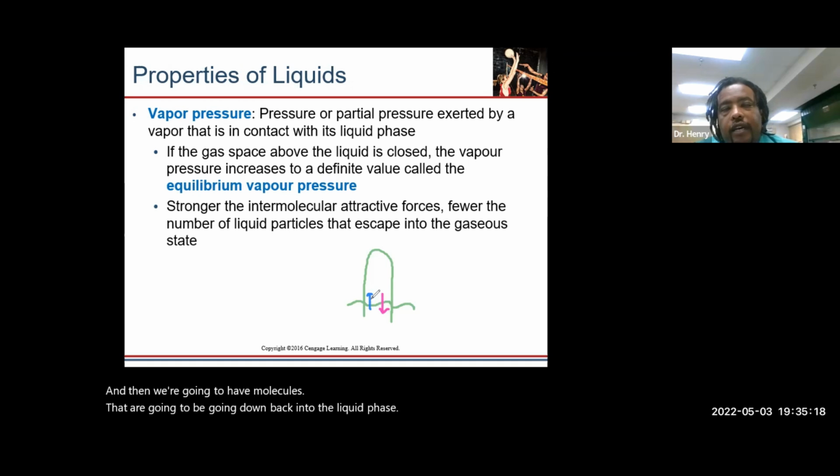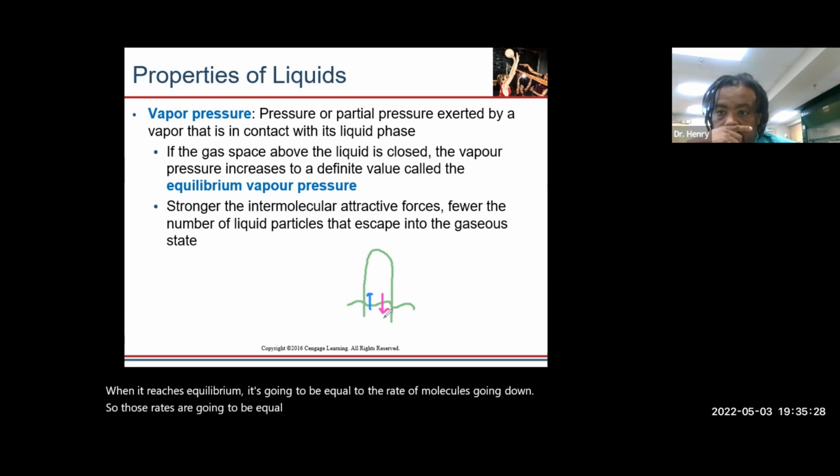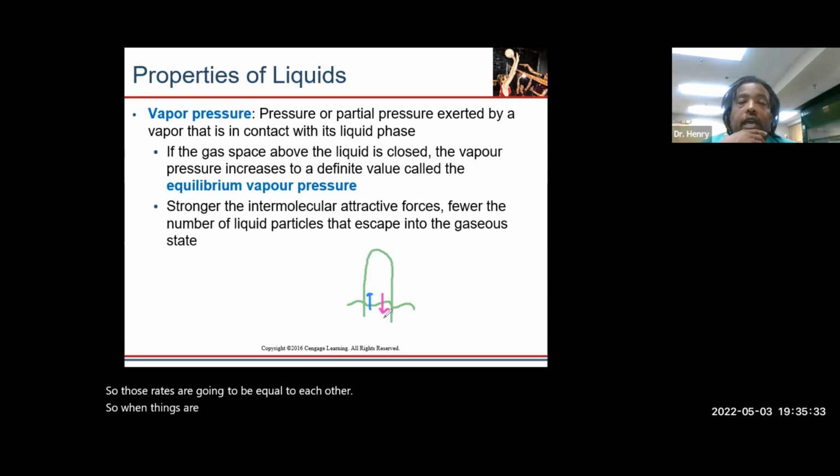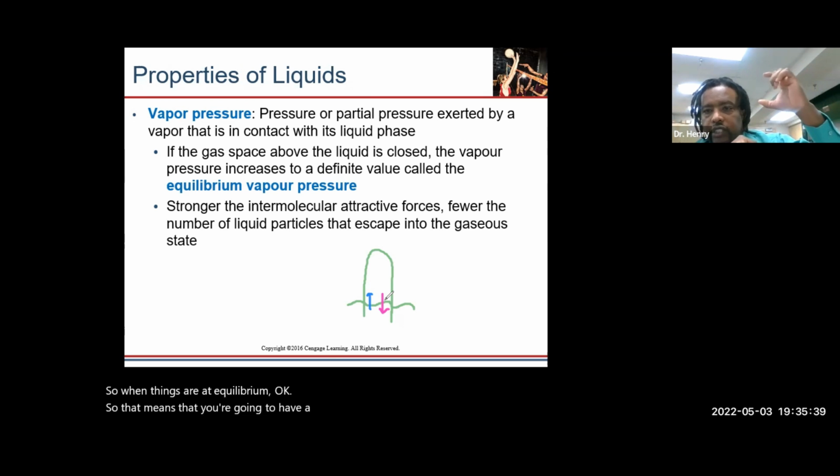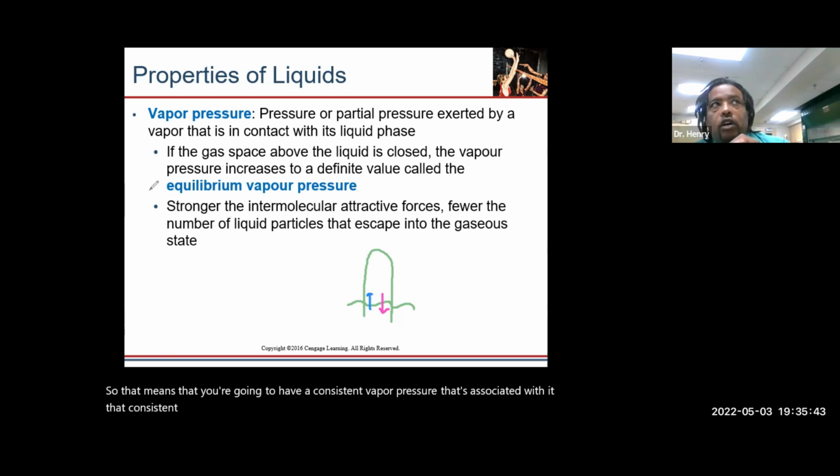Now, the rate of molecules going up when it reaches equilibrium is going to be equal to the rate of molecules going down. So when things are in equilibrium, you're going to have a consistent vapor pressure associated with it. That consistent vapor pressure is called your equilibrium vapor pressure.